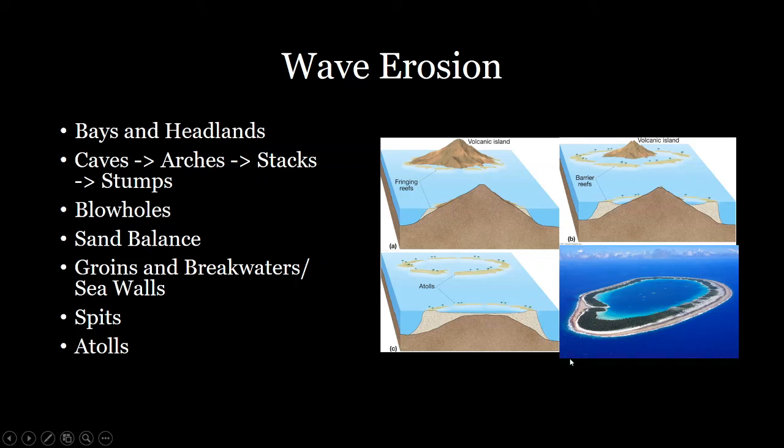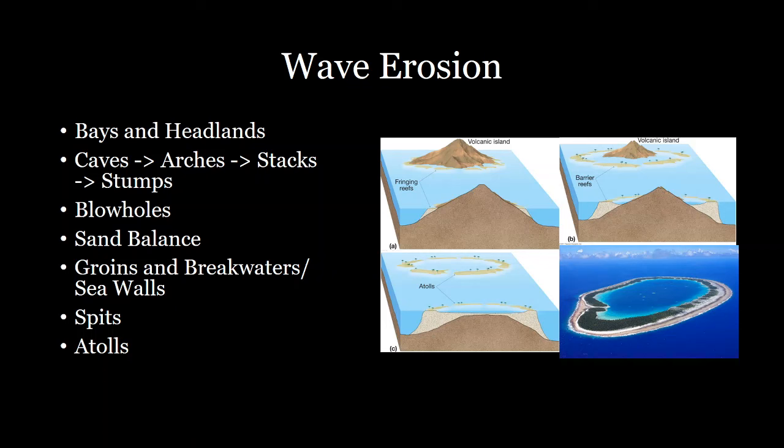Another cool erosional feature that we can see in landscapes are atolls. Whenever you have an island develop, especially in the tropics, you can have barrier reefs that develop along the shoreline. Those reefs are corals that can develop and grow.